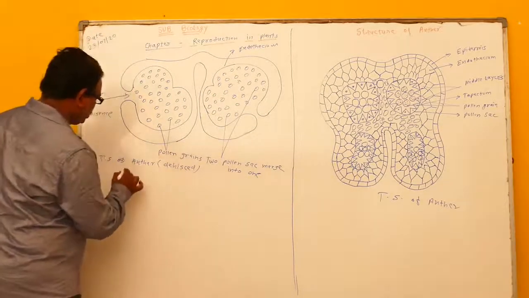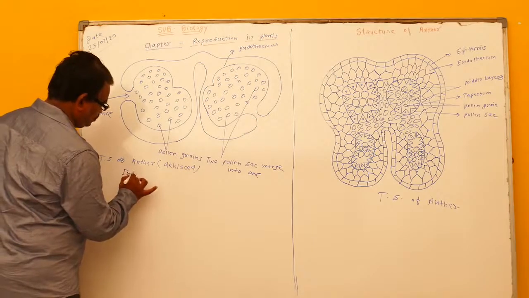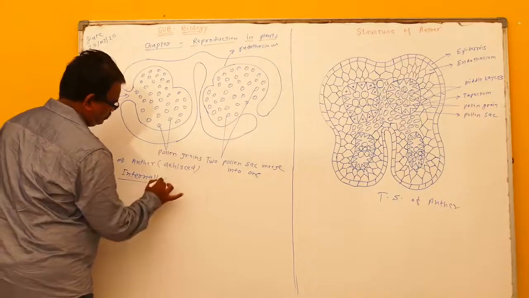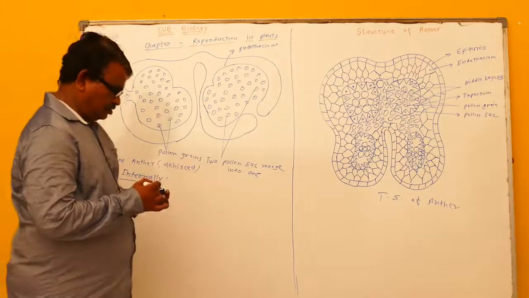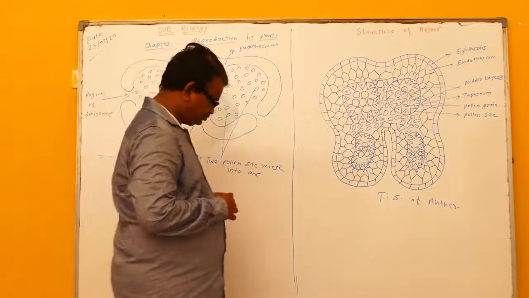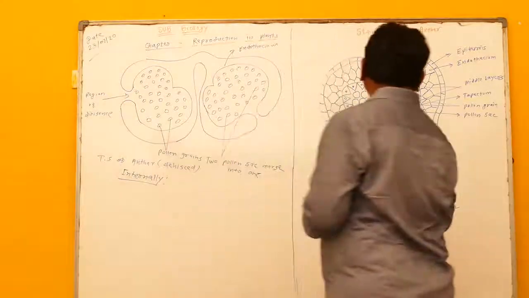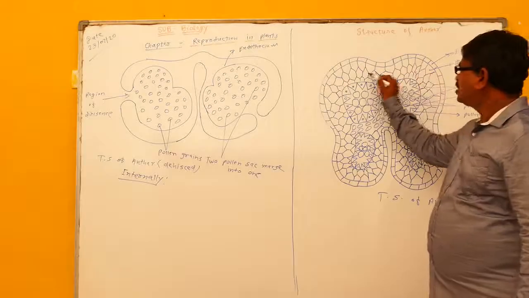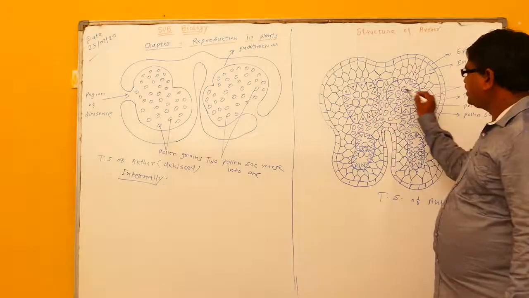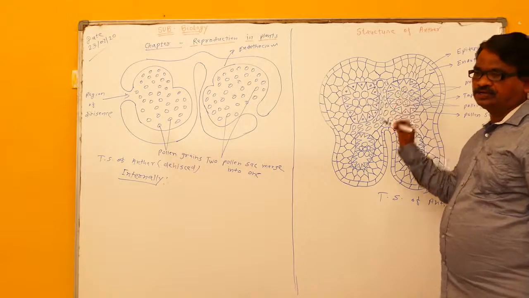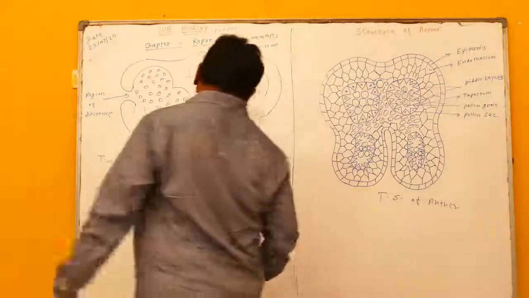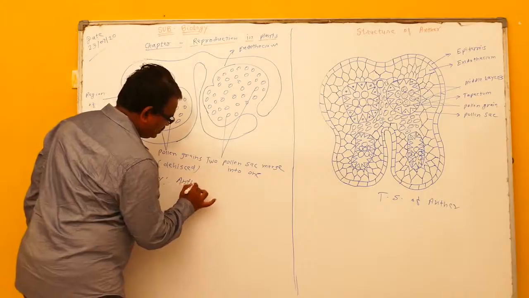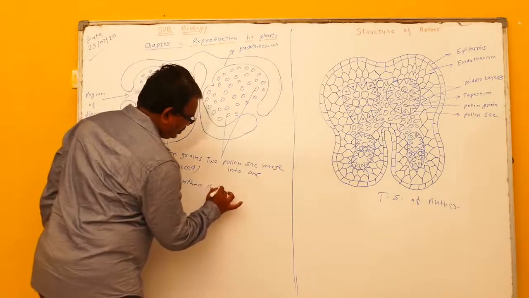Now, internally, the anther is tetralobular. Internally, anther is tetralobular.